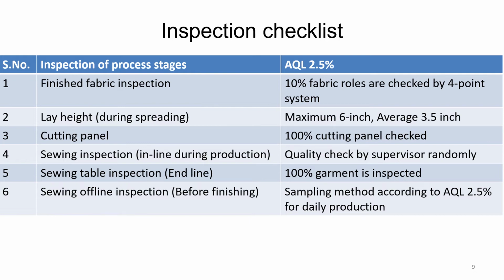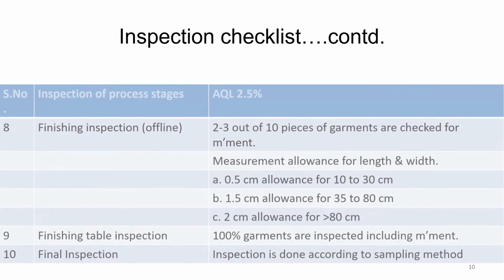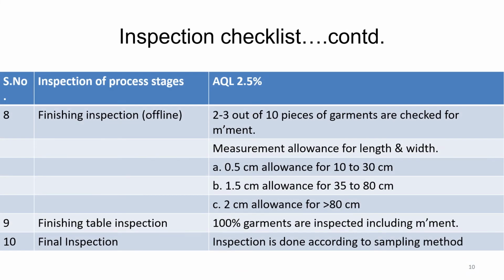Once the garments have been stitched completely, they have to be checked. When the garment has been washed and finished, again it has to be checked before it is put inside the poly bag and put inside the carton. So those are the host of inspection checklists, and we'll see when the finishing inspection is being done offline.